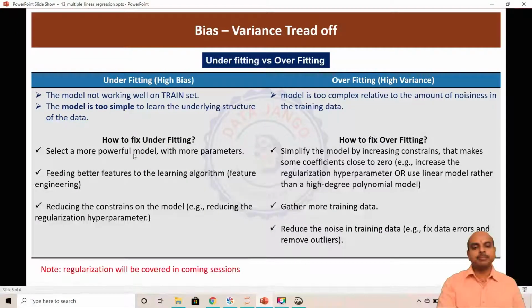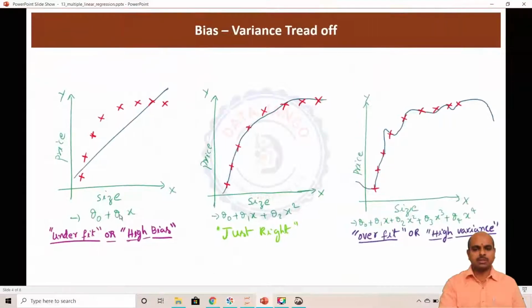How to fix underfitting? Select a more powerful model. If you look at this diagram, it's a simple data set, only one X is there. If you have to make the model a bit complex, you need to add higher degree polynomials. If I add a second degree polynomial, it actually worked well. Third degree and fourth degree kind of worked well on the train set, but may not work well on the test set.